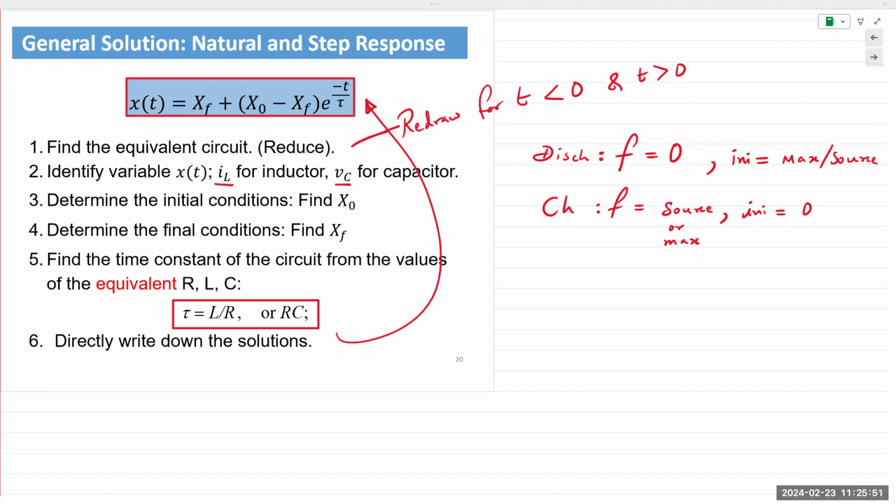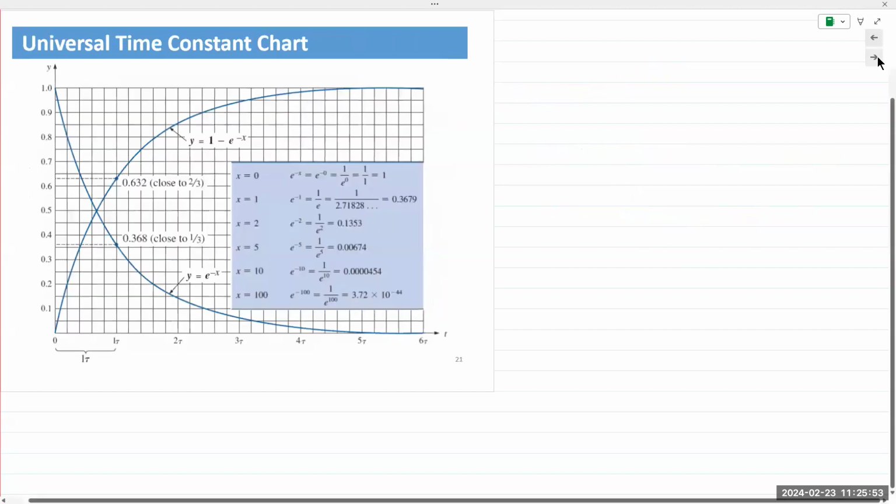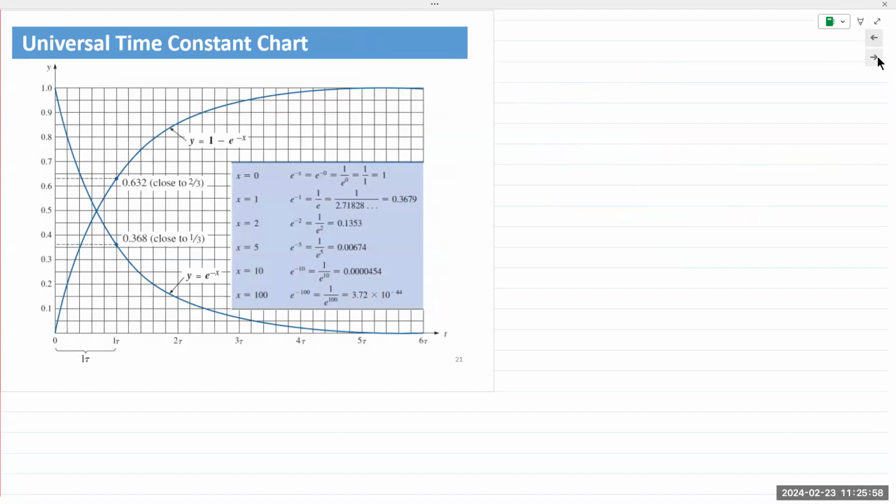Okay. All right. Let's move on to example. Oh, sorry. 2 more slides before I move on to example 1. So universal time constant chart and then universal time constant values. If you take that expression and you plug in the values for t as equal to the time constant products, 1 tau, 2 tau, 3 tau, and so on, you would get this kind of curve. This is for charging, and this is for discharging.